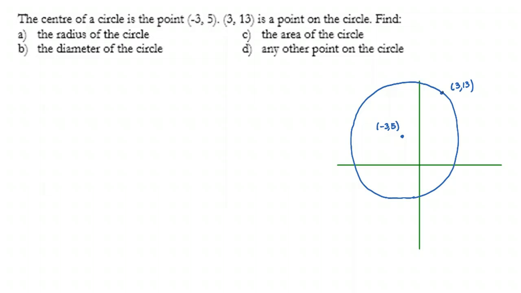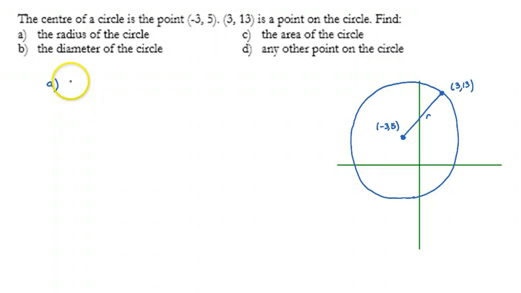Okay, there's roughly the idea. And the radius of the circle is the length of the line segment that goes from the center to any point on the circle. So since we have a point on the circle, let's draw the radius there and call it r. So the radius calculation for A is simply asking us to find the length of a line segment.